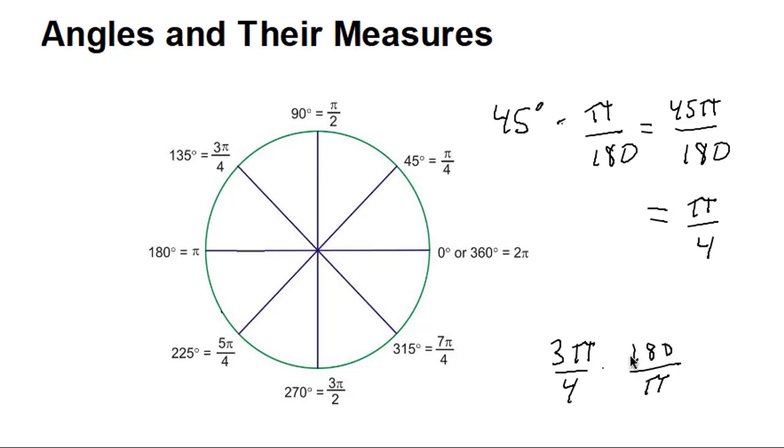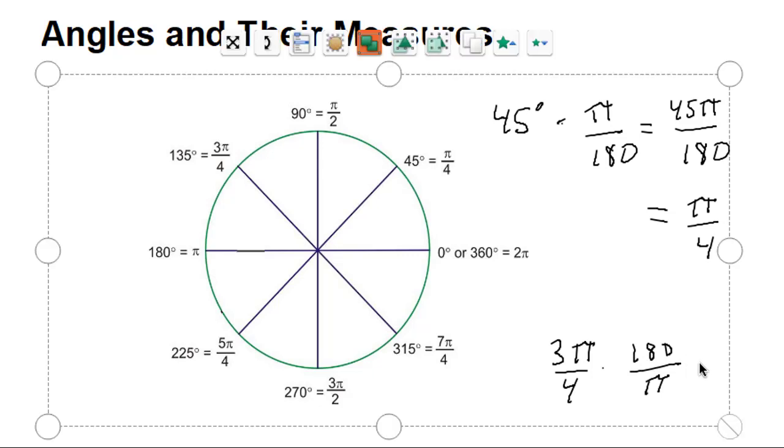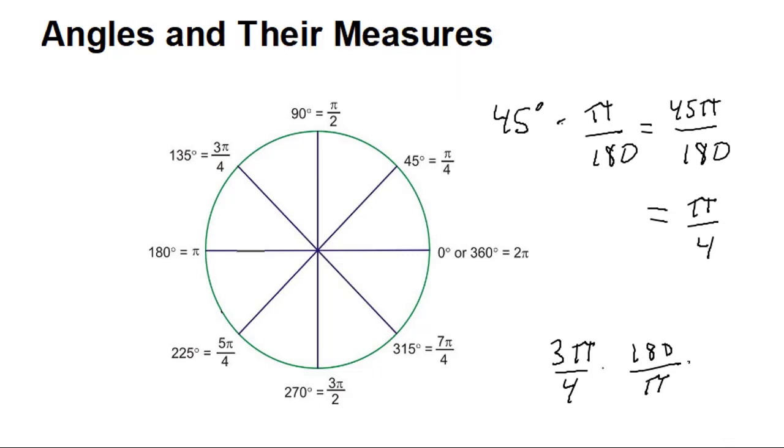To simplify this, we can divide 180 by 4, which is 45, and 45 times 3 is 135 degrees. Then, if we have degrees, we can get radians, and if we have radians, we can get degrees.